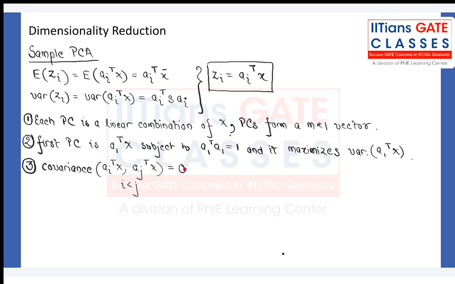Which means A1 transpose X and A2 transpose X covariance should be 0. A1 transpose X, A3 transpose X covariance should be 0. A2 transpose X, A3 transpose X covariance should be 0, and so on and so forth. They should not have any variability among themselves. So this was about the geometric intuition kind of thing.